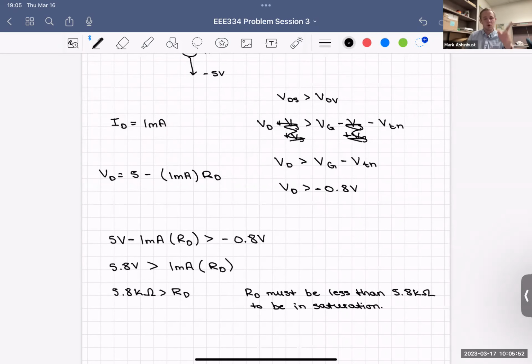And I'm doing this one on purpose. I'm doing this at the beginning on purpose, because the next question is going to tell us something. And it's going to say, assume that RD is a given resistance. Because we solved this, we immediately know which operation the MOSFET's going to be in based off what we just did.